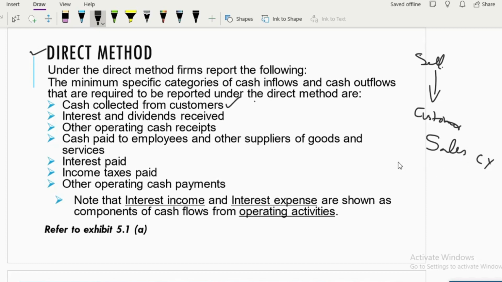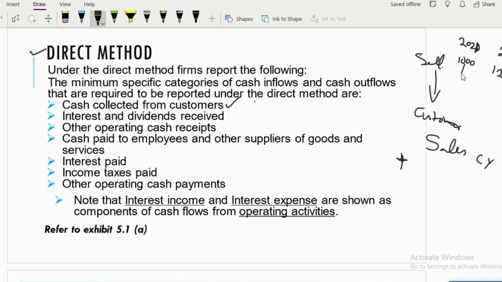CY means current year. You adjust for accounts receivable, let's suppose last year, which was 2021, your accounts receivable were 1000, and in 2022 your accounts receivable was 1200.